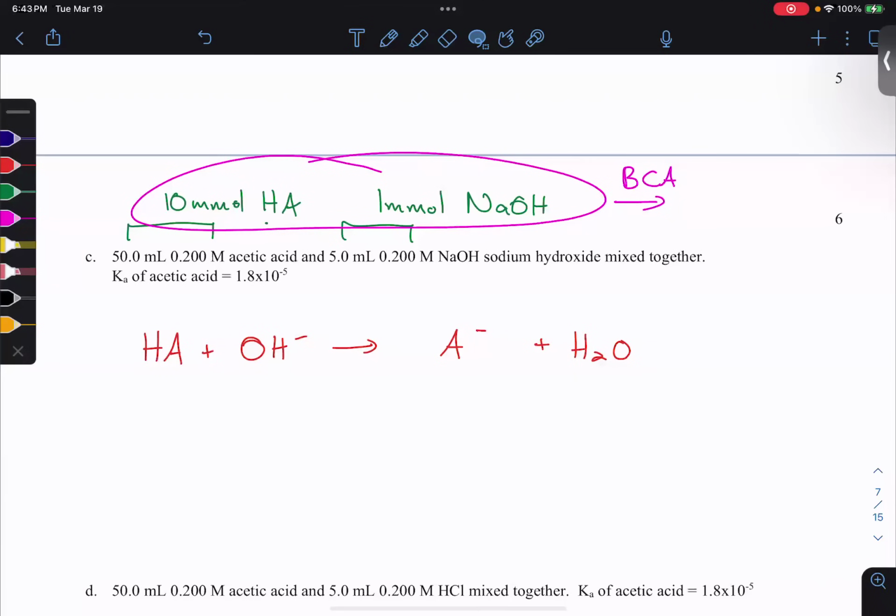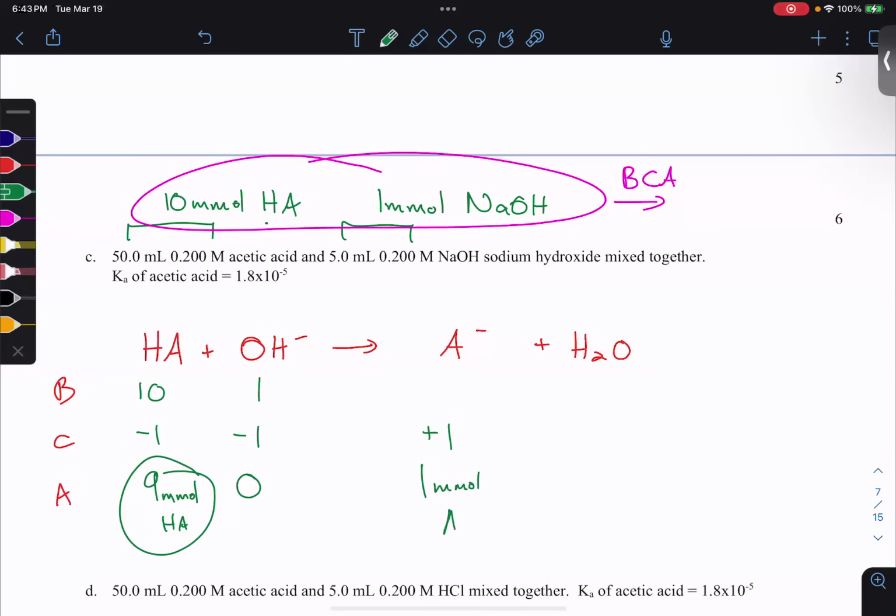So we're gonna do a BCA table using those millimole amounts. If I start with 10 millimoles of HA and 1 millimole of sodium hydroxide, which one's my limiting reactant? Hydroxide. So -1, +1. And we add water too, but that's not going to affect our pH. So after this neutralization reaction, we only have 9 millimoles of HA and 1 millimole of A-.